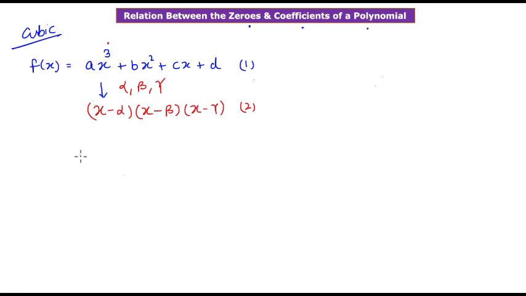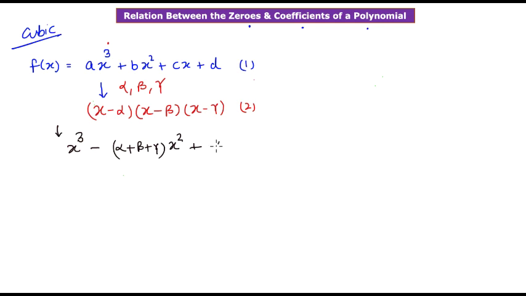Then we also learned, just like we had discussed in the quadratic polynomial, that there exists one more form, and it is also written in terms of the zeros of a polynomial. So we begin with x cube that has a coefficient of 1, and then you say negative of the sum of 3 zeros, and that goes in the coefficient of x square.